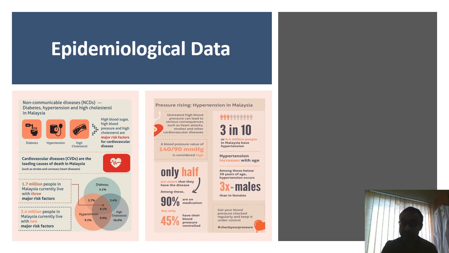The prevalence increases with age, and it is affected by gender, where males are 3 times at risk of being diagnosed with hypertension compared to females. What may be alarming in the statistics of hypertension management is that among hypertensive patients, only half have awareness they are hypertensive.